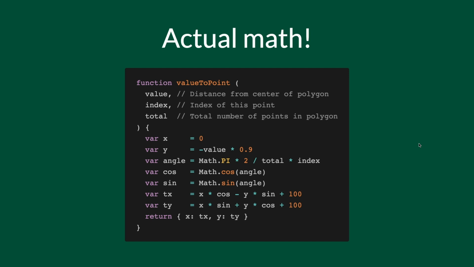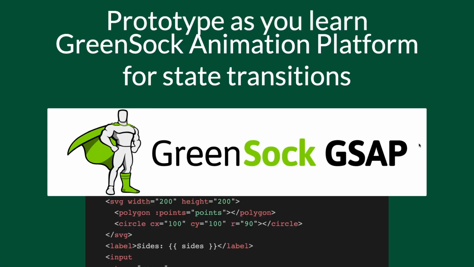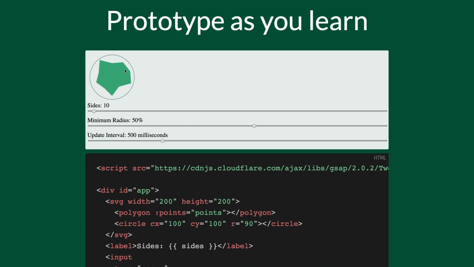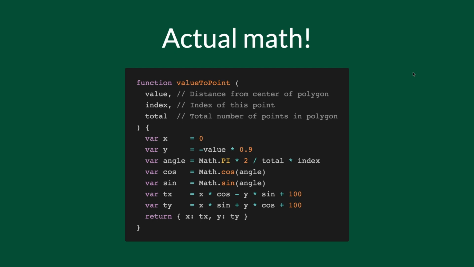So this is some trigonometry that I'm using to figure out where each point should be in this polygon. And you'll see some things that may look familiar depending on what kind of math you took, like sine and cosine and pi.